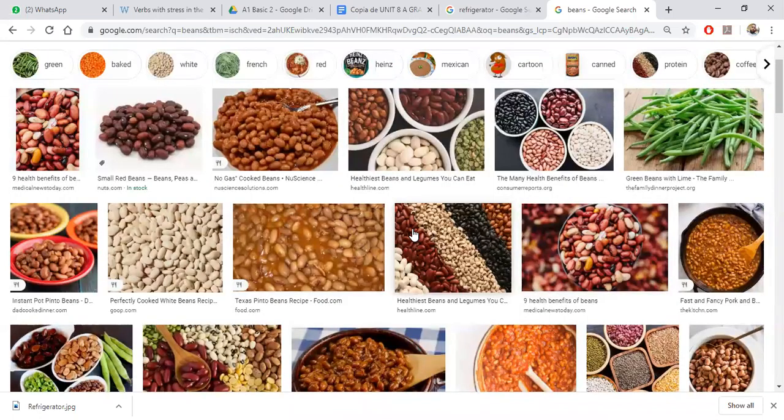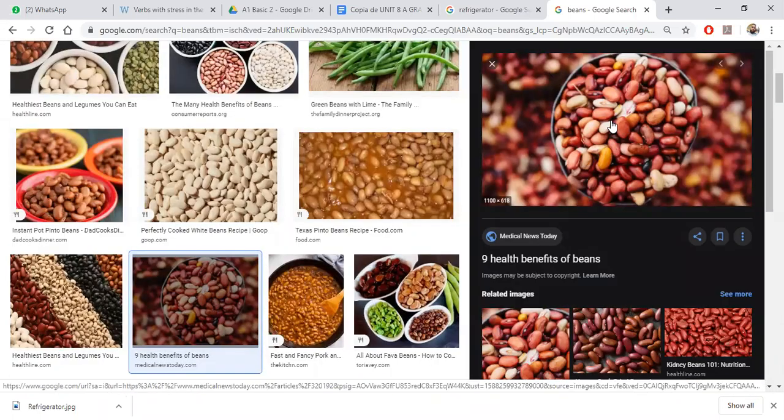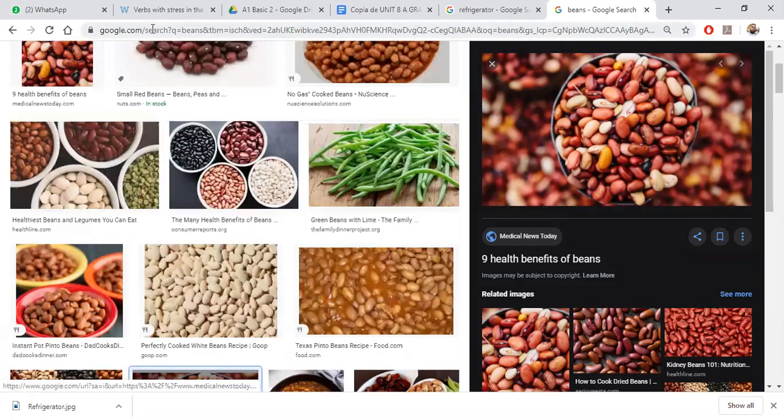If we have food that is in its units smaller than a bean, then it's going to be uncountable. Whatever food is smaller than one bean, imagine one bean, in units is uncountable. So what food do we have that is smaller than a bean?